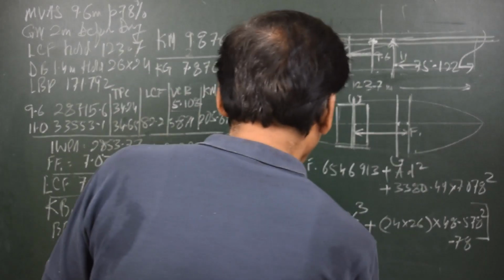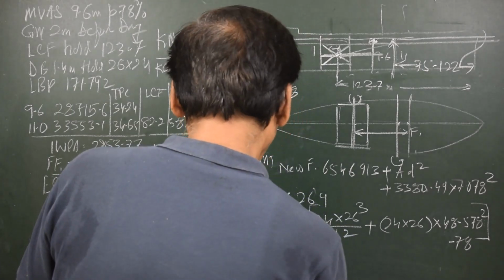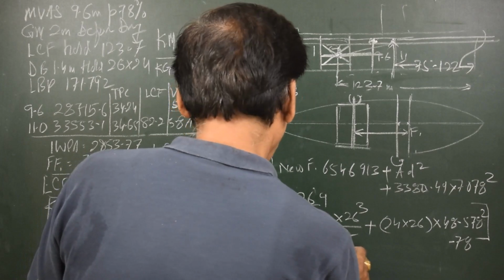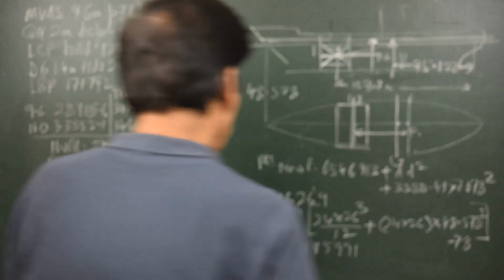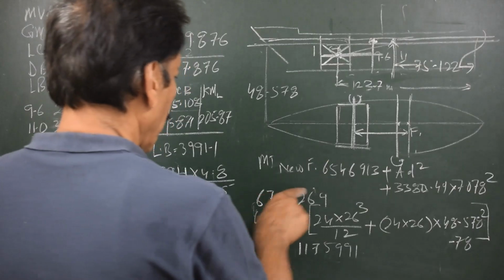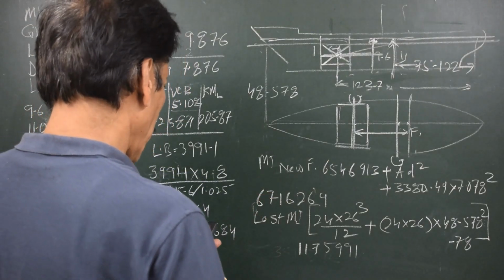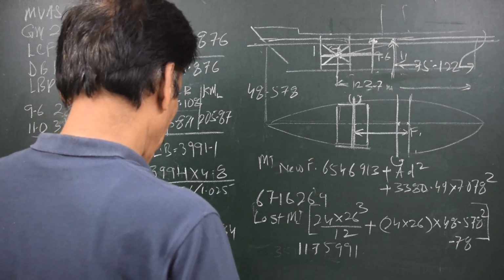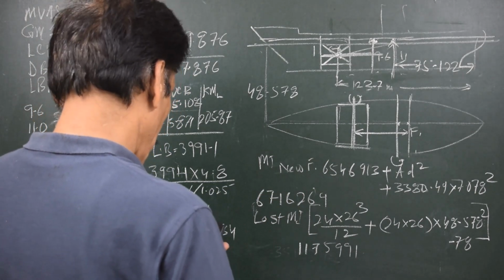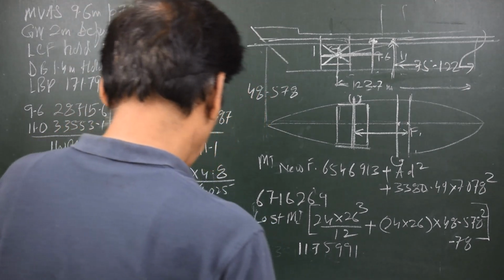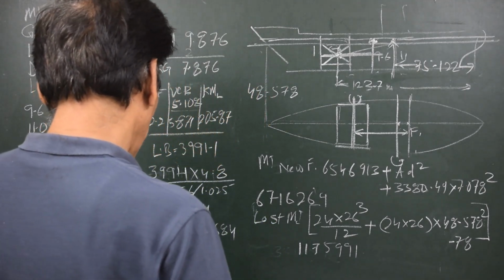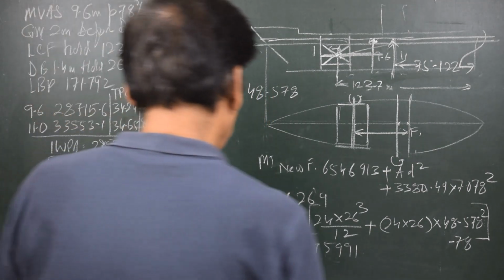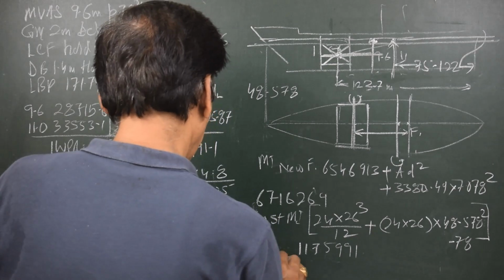So the total lost moment of inertia is 1175991. So this has to be subtracted from the total moment of inertia. So that is what I will do: 6716269 minus 1175991. That gives me 5540277.